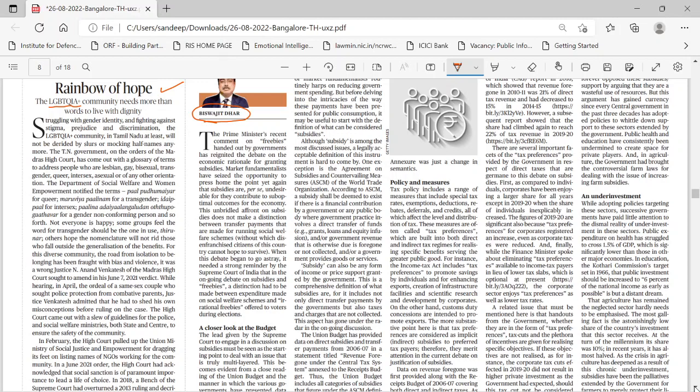So guys, there are many such categories which are about sexual orientation. Most of the government organizations don't recognize it, but Tamil Nadu government, on the orders of Madras High Court, has brought certain terminologies to mention about these people.